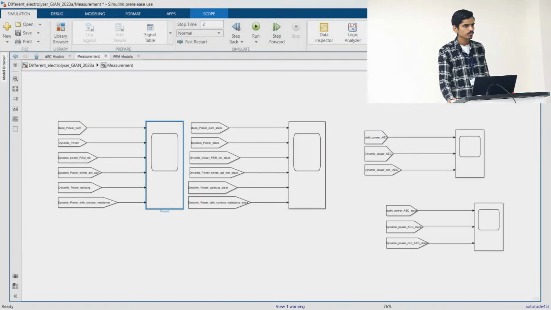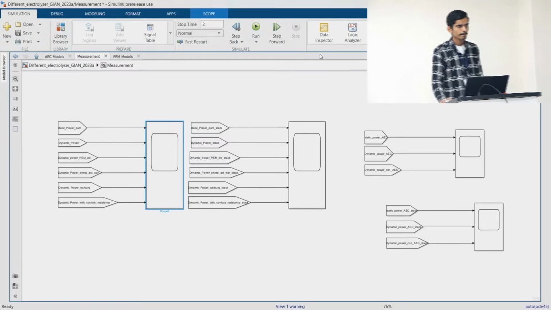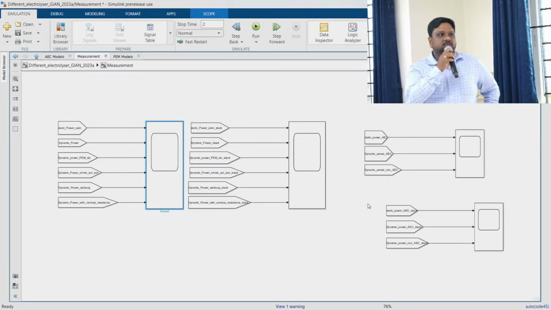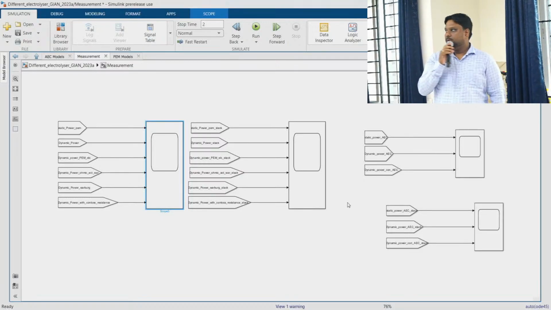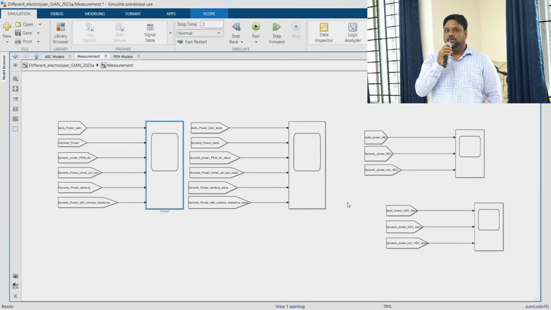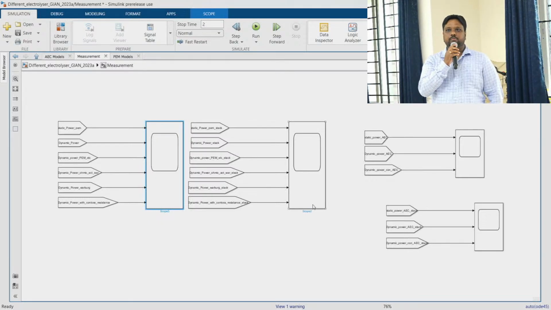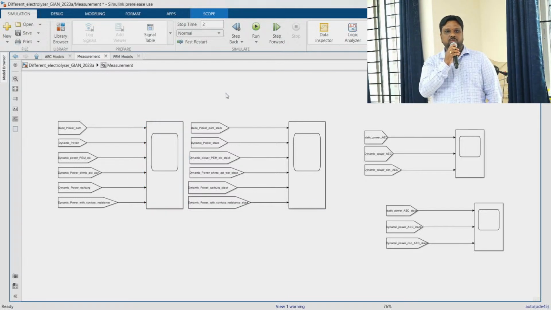So shall I run it for more time? Yes, sir. All these models we just gave you as an overview, which is basically the dynamic electrical model. But the next model you will build with us is the electrochemical model, where we will build the equations and all the calculations involved in the electrochemical reactions also.